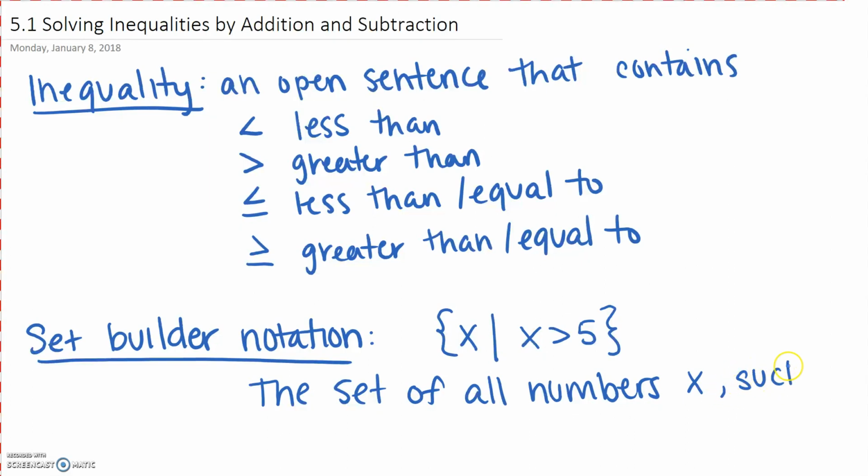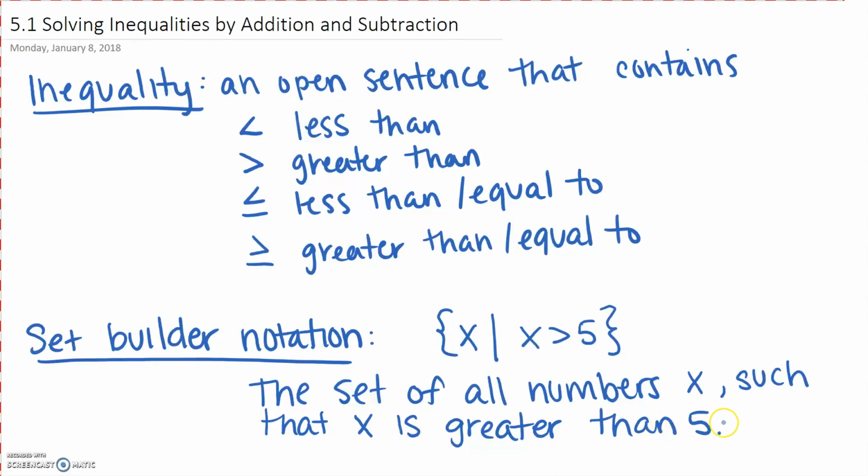And then such that, that's what this bar represents, such that. And then you finish by reading the inequality that makes it true. So this is such that x is greater than 5. And you stop there. So that's how we read our solution and write it in set builder notation.